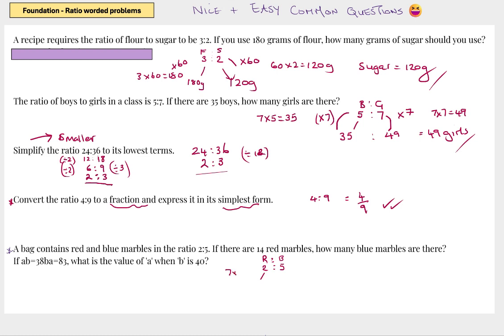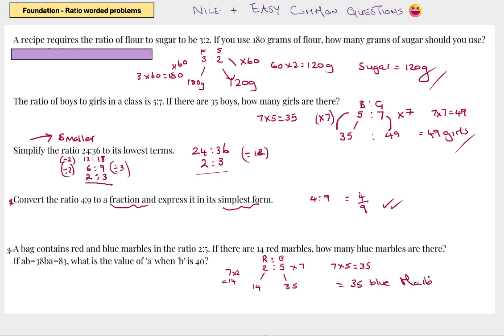We times 2 by 7, which gives us 14. So if we times that by 7, we're going to times this by 7. So 7 times 5 equals 35. So the answer is there are 35 blue marbles.